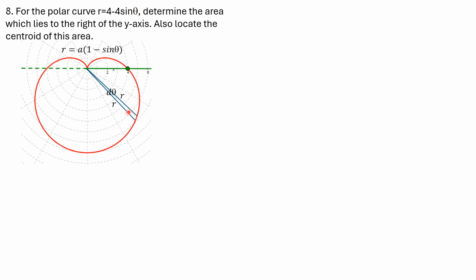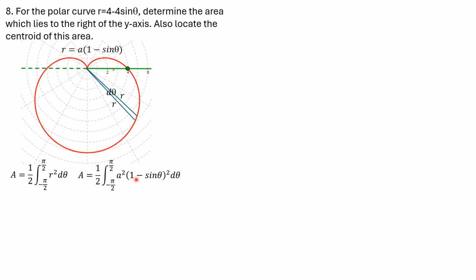So for the area, because we only consider the right half, it is from negative pi over 2 to positive pi over 2, or positive 90. So area equals 1/2 integral from negative pi over 2 to pi over 2 of r squared d theta, where r is a quantity 1 minus sine theta, so area equals 1/2 integral from negative pi over 2 to pi over 2 of a squared quantity 1 minus sine theta, then quantity squared d theta.